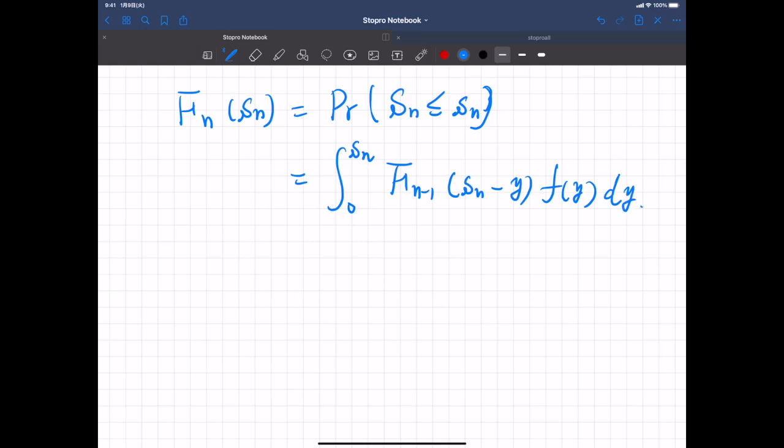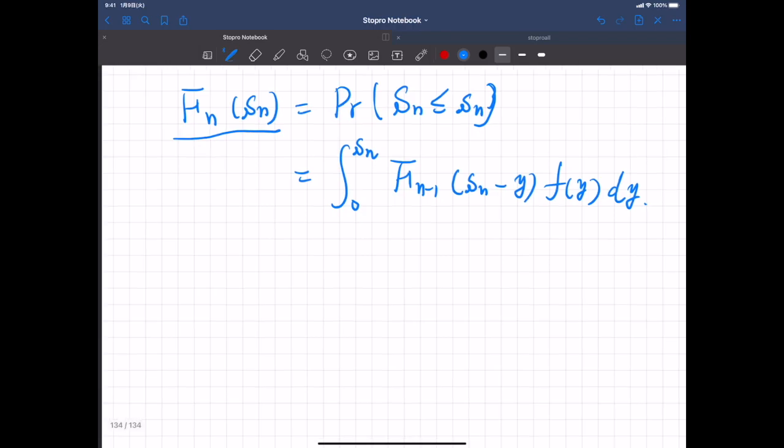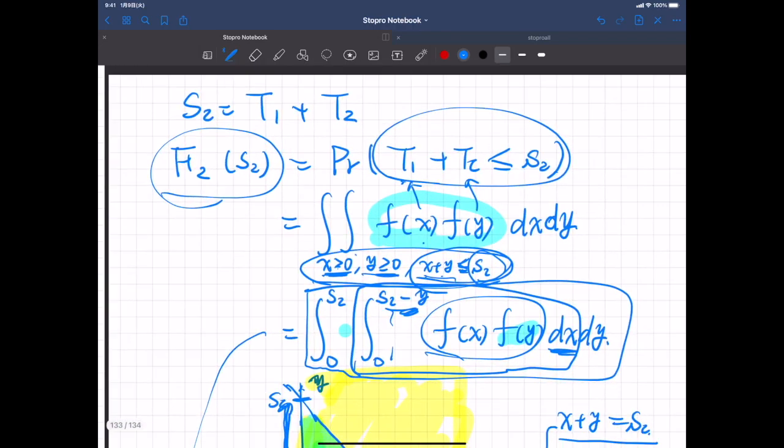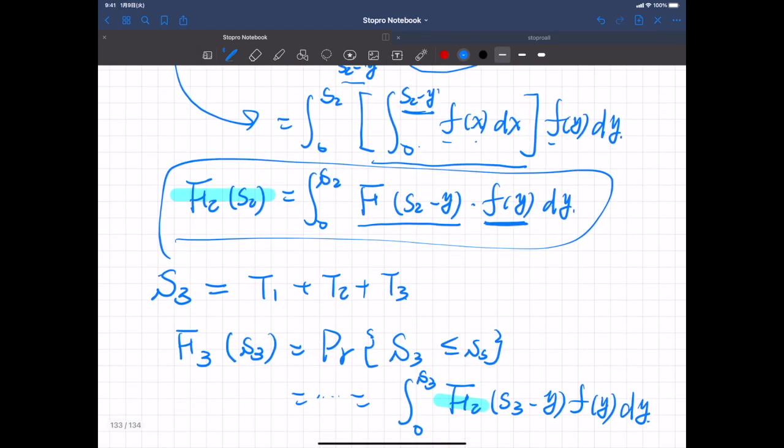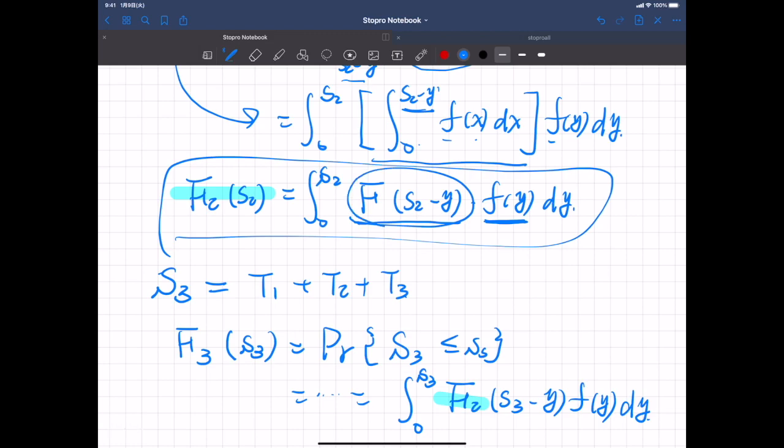If you have studied Fourier transform, this might look like a convolution of functions. So if you want to find the general form of this, you calculate starting from F2. Since we assume we know the density function for each of the Ti's, T1, T2, and so on, we can calculate the distribution function F. So this should be known. From that, you calculate F2, from this you calculate F3, from this you calculate F4, F5, and so on.